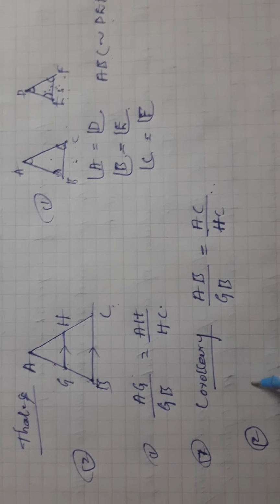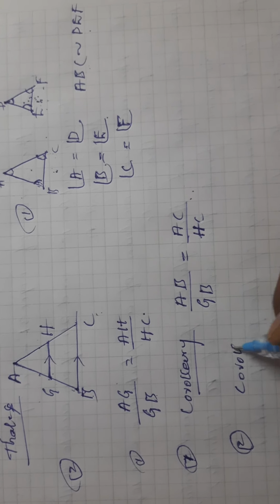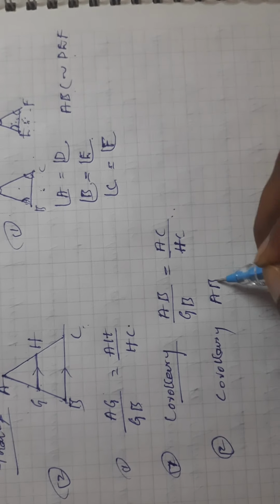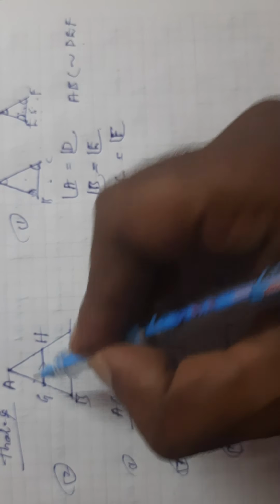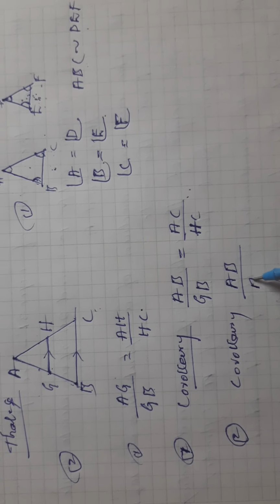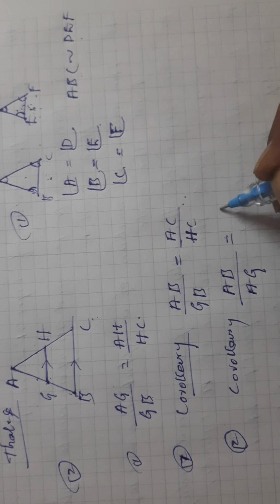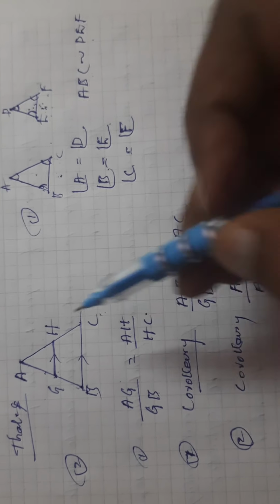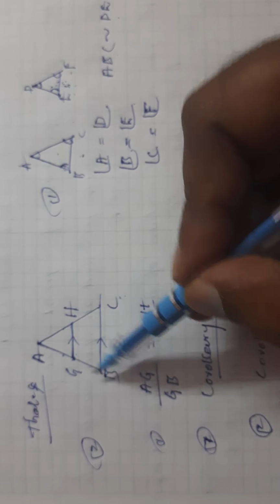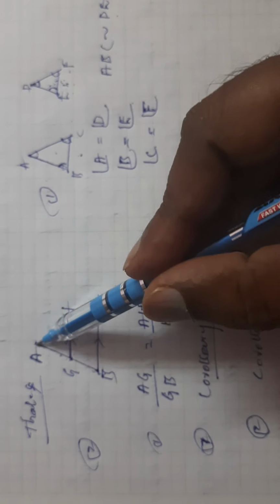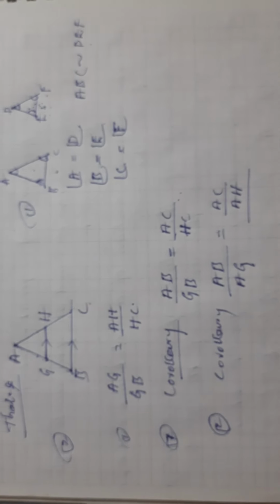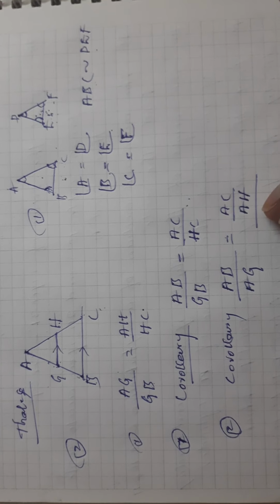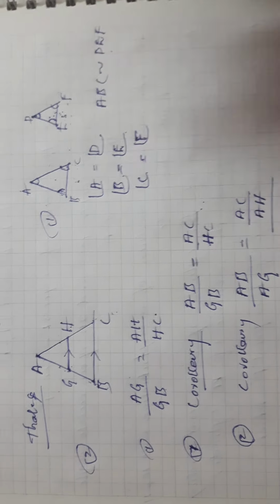And the second corollary is AB divided by AG equals AC divided by AH. We already studied this in the Thales theorem. You have to remember this point. It is very important to prove this AA criteria theorem.